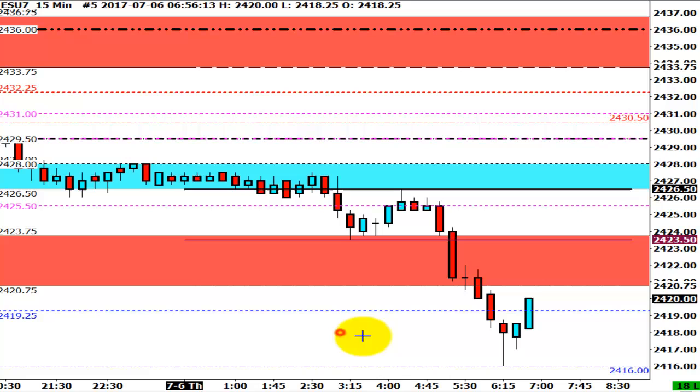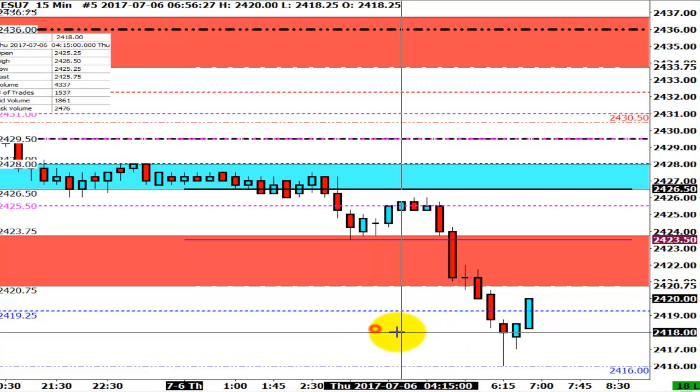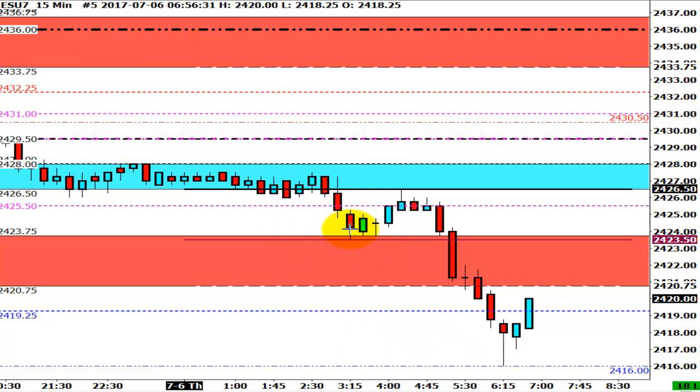A quick addendum here. I would be remiss to not point out levels that I think might be interesting that also happen to coincide with the power zones right now, right? So right here, you see price fell away from the balance zone overnight and came down here and tested the top of the low power zone, right?